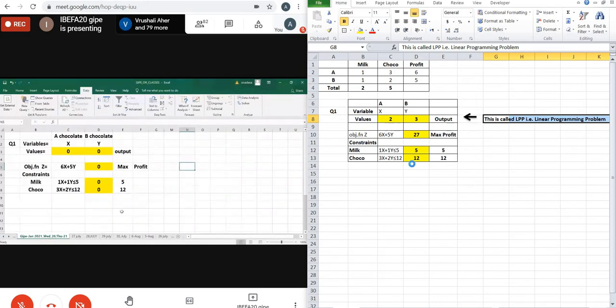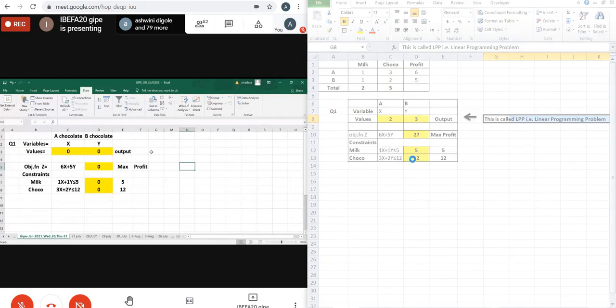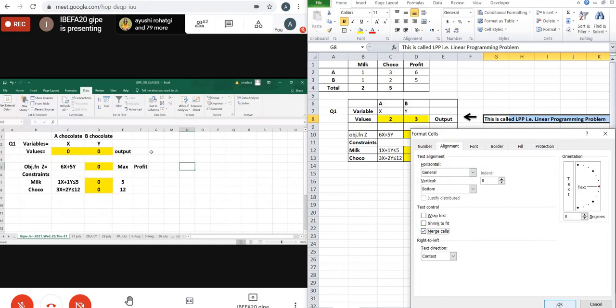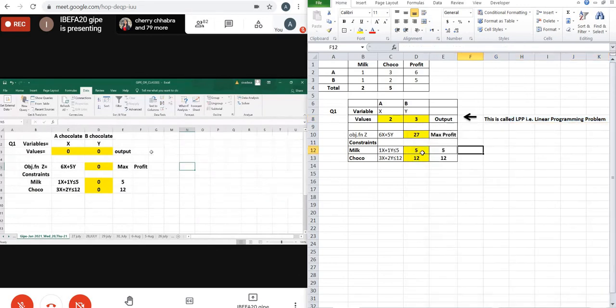So I converted the problem into LPP in Excel. LPP will be the output, answers. That is for solver. Black, that is for LPP.